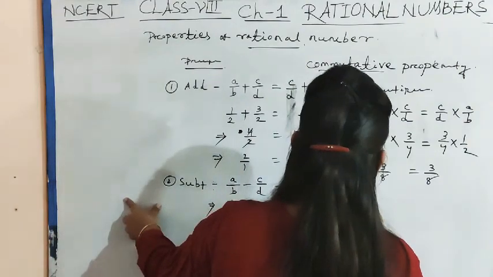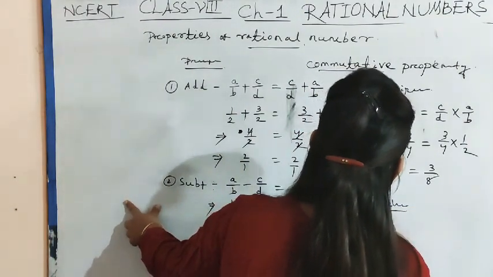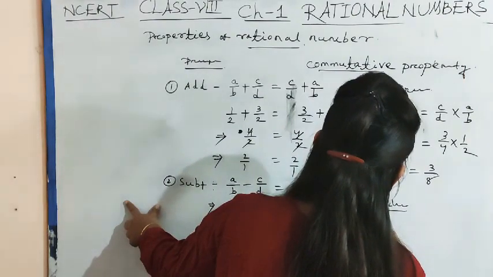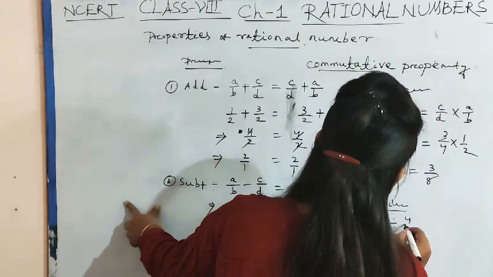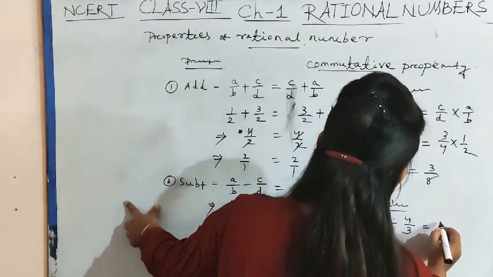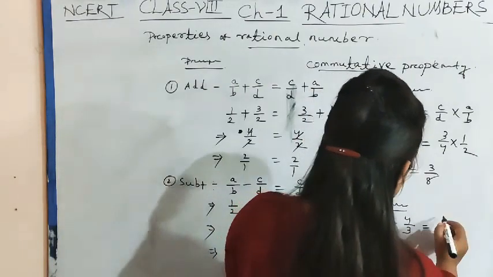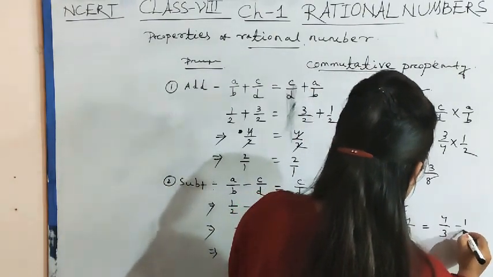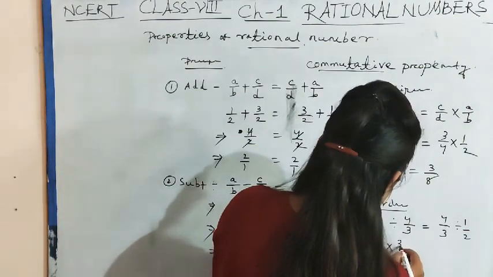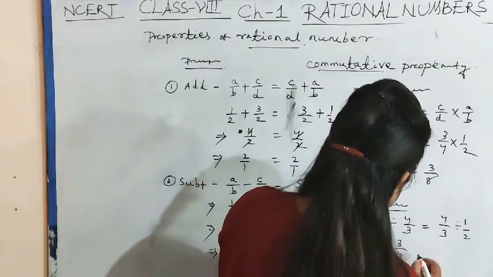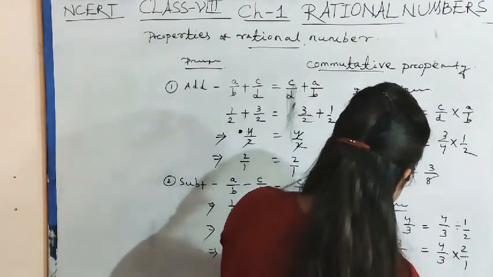Fourth one is division. For division, is it commutative or not? Check it. Suppose 1 by 2 is one rational number, 4 by 3 another rational number. Change the order. First write 4 by 3 divided by 1 by 2. Okay, check it. 1 by 2 multiplied by 3 by 4, 4 by 3 multiplied by 2 by 1.